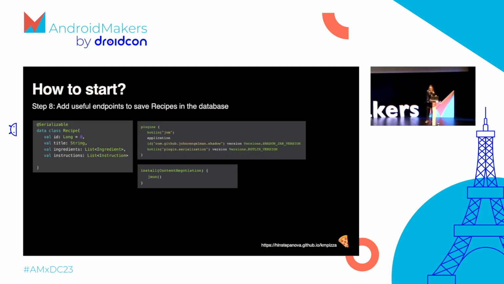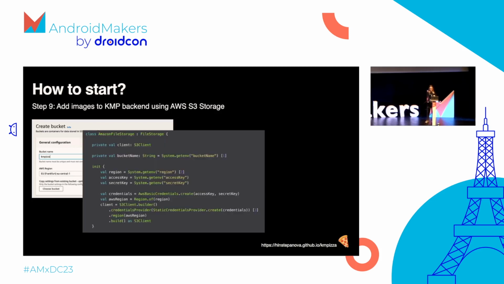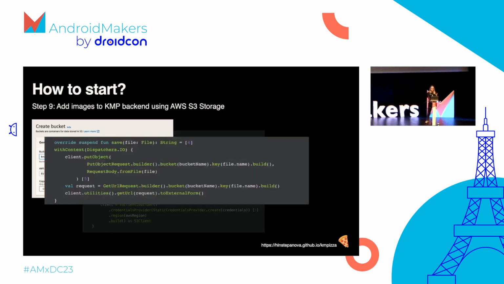That was very exciting. And as a cherry on top, I decided to add images to my app. I implemented image hosting with Amazon Web Services. First, I added an Amazon file storage class, where you need to implement the save function and have the object request.